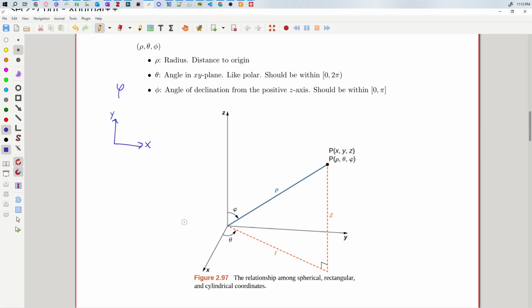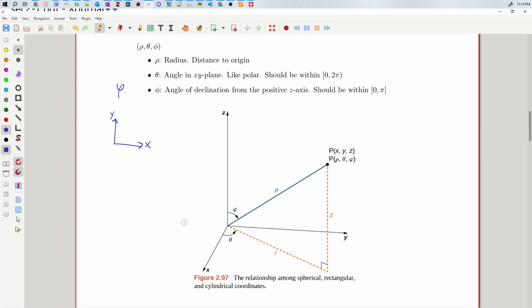And you can see that the furthest we can go is if we are on the negative z-axis. If we're on the negative z-axis, our angle phi is actually going to be pi. If we go further than that, we could actually swing our theta around to the other side, which would make the phi into something within 0 to pi.